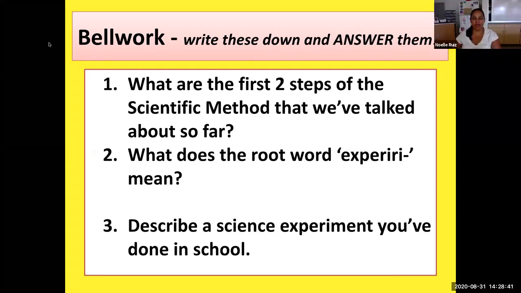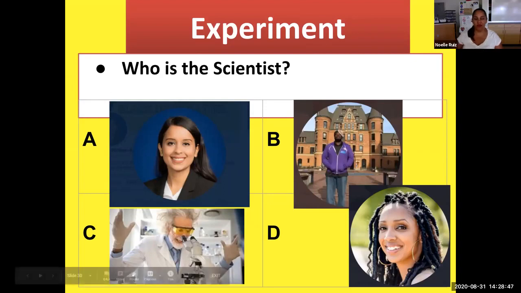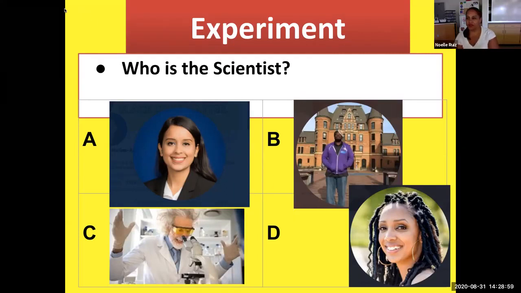All right. As a quick side note, your title page is different than mine. Mine has a few different, but I have a poll actually. Who is the scientist out of these 4 pictures? What do you think? And you can choose more than one. Out of these 4 pictures, who do you guys think the scientist is?